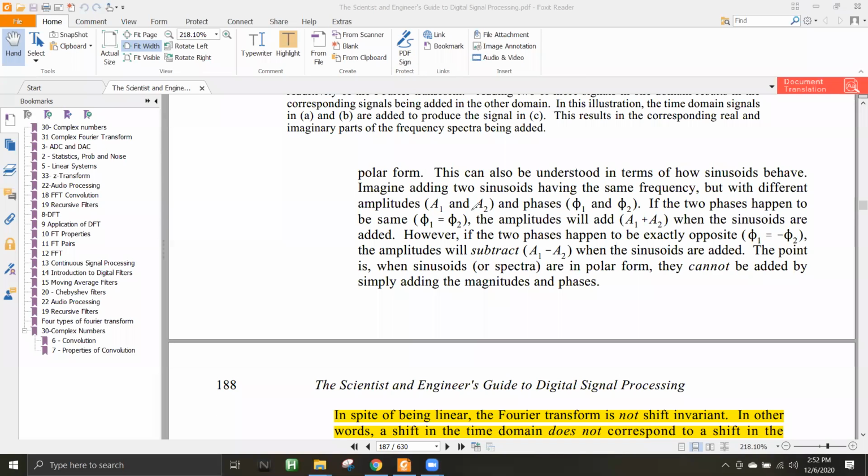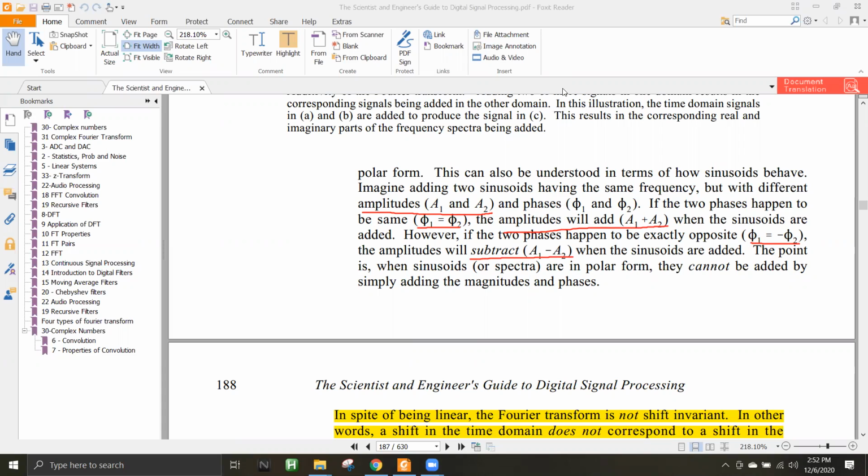Two amplitudes in the polar form only get added when their corresponding phases are equal. When the phases are equal, then the amplitudes add. So addition is a bit difficult. When you add two signal values in the polar notation, they get added when their phases are equal, but when their phases are opposite, then instead they get subtracted.